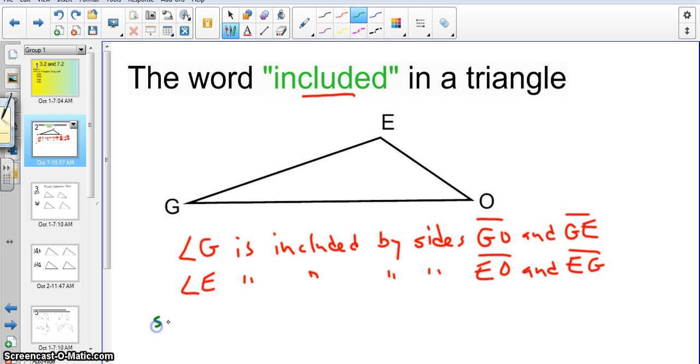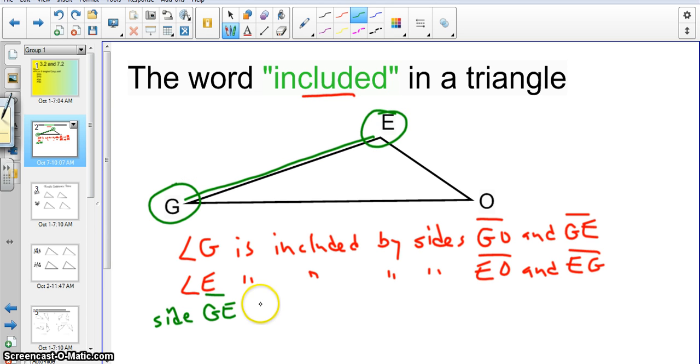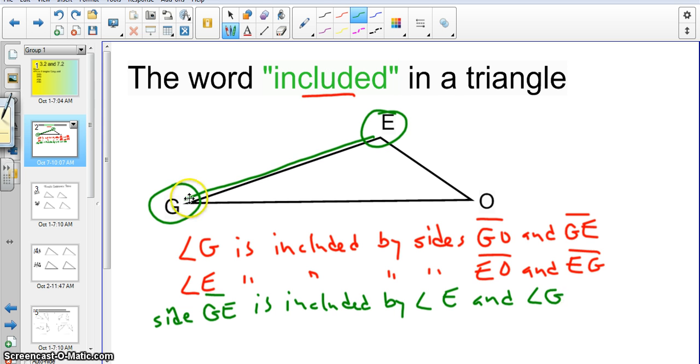If I'm referring to side GE, that side is in between, or included, by angle E and angle G. So again, side GE is included by the two angles E and G.